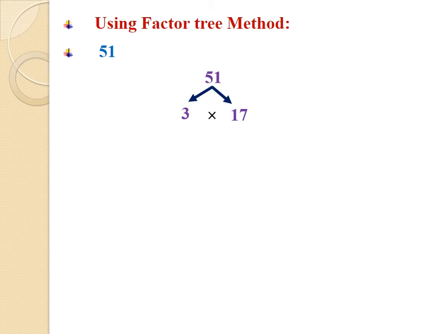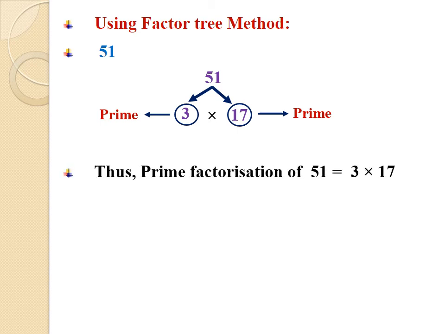Both 3 and 17 are prime numbers. As we got all the prime factors, so now we have to stop factorizing. Thus, prime factorization of 51 equals to 3 multiplied by 17.